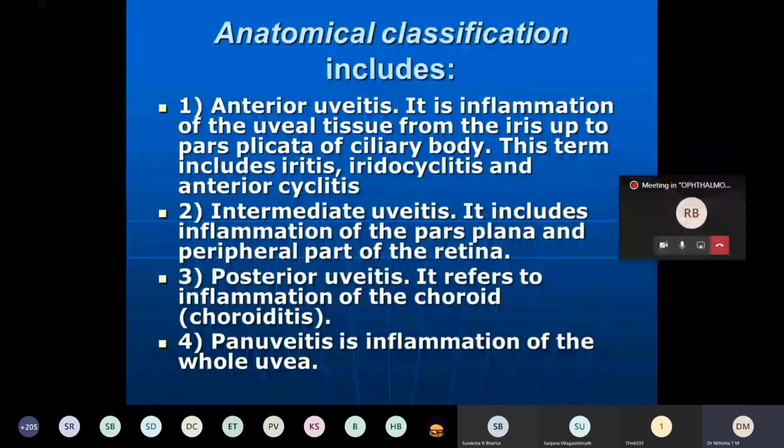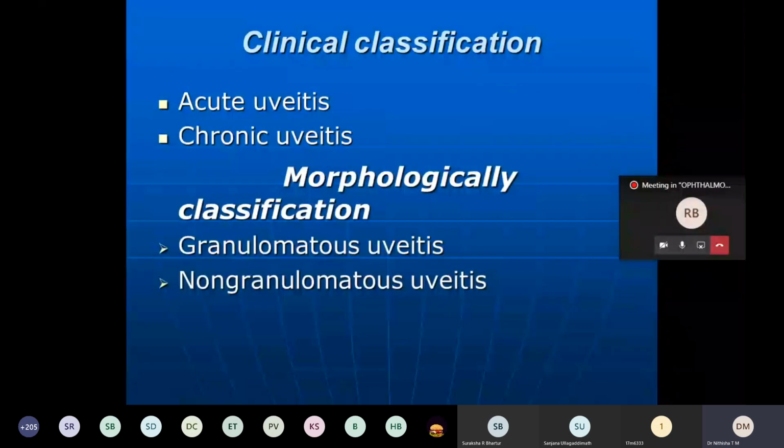Classification can be divided into anatomical, clinical, morphological and pathological classification. According to duration, it can be divided into acute uveitis and chronic uveitis. Acute anterior uveitis has a duration of less than 6 weeks.